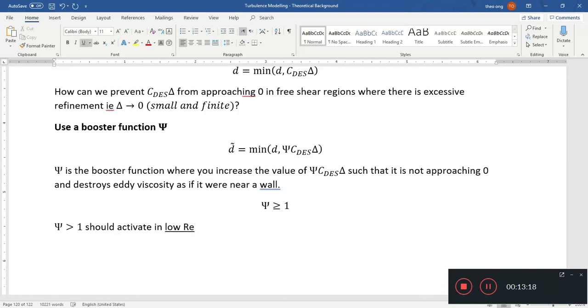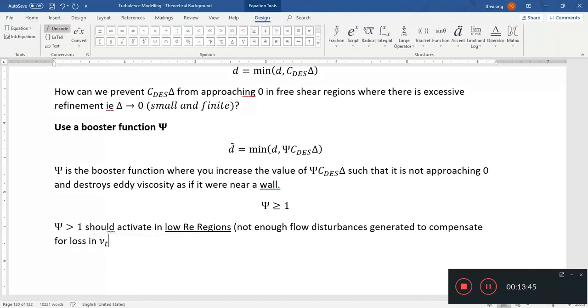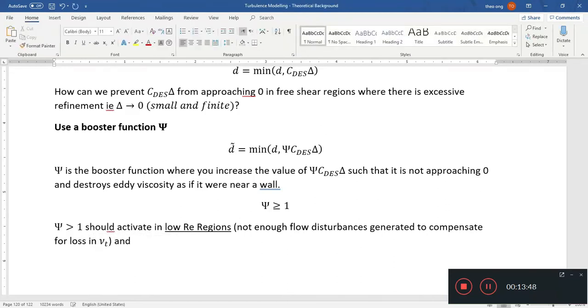When I say low Reynolds number, it means there's just not enough turbulence or flow disturbances generated to compensate for the loss in nu T. It doesn't mean it's laminar. And second, it should activate far from the wall, i.e. free shear.